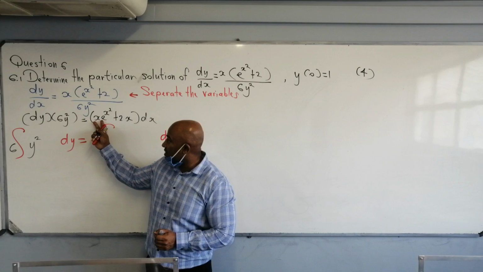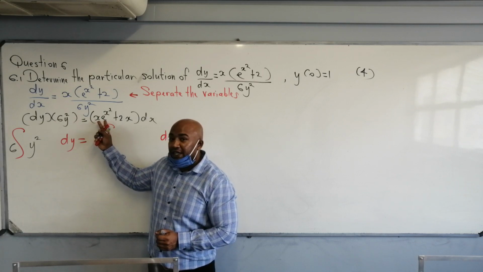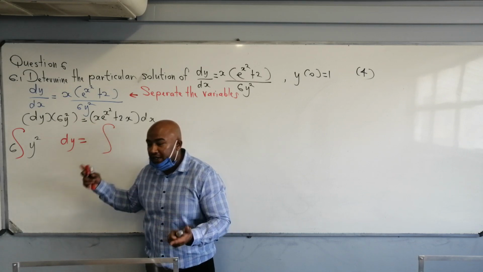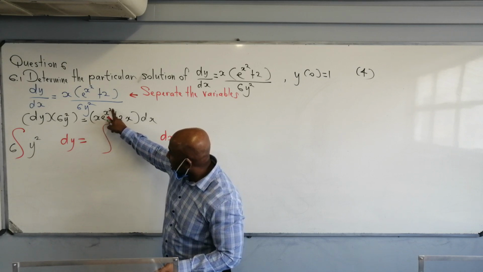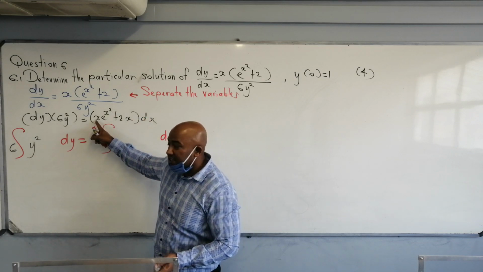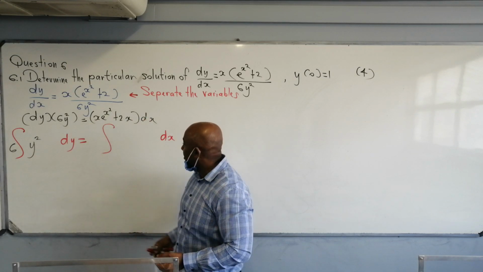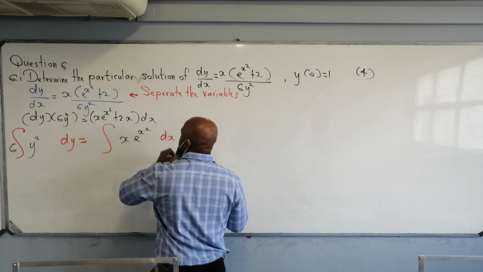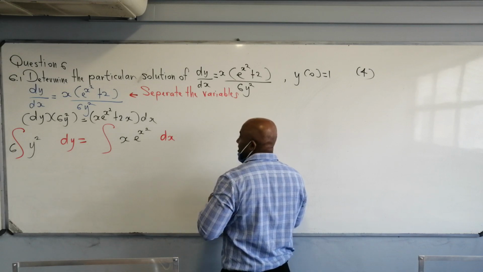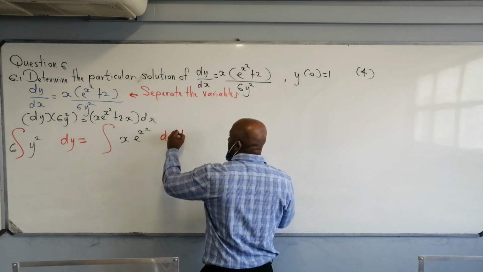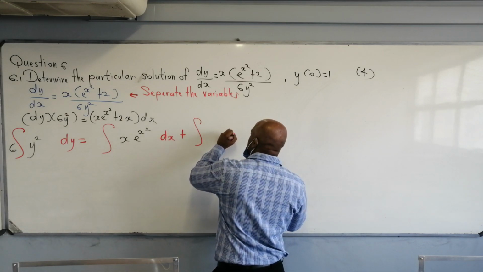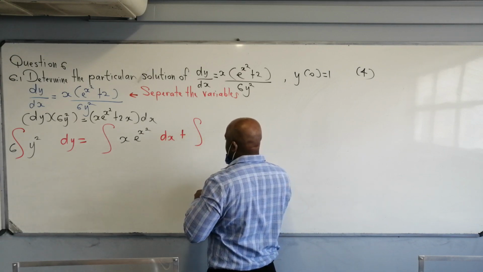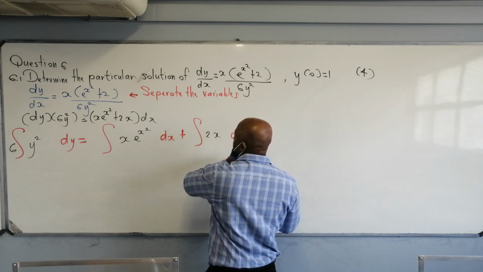This is multiplication and this deals with exact derivatives. How do I know that? Because the derivative of x squared will be 2x. You are interested in the x. So let's write it as x e to the power x squared. Separate them into 2, plus the integral again with respect to x, and this is just 2x.